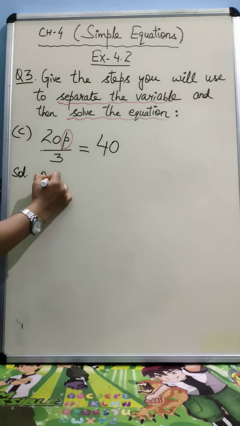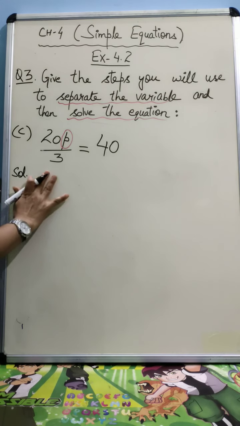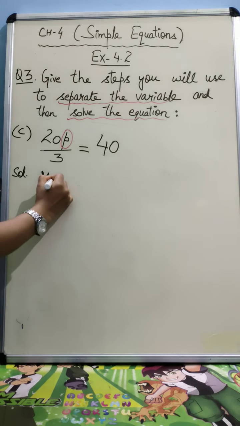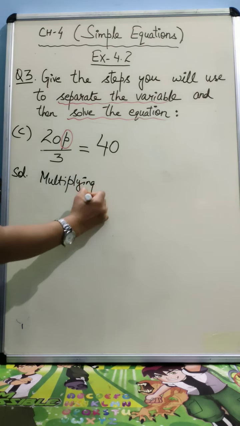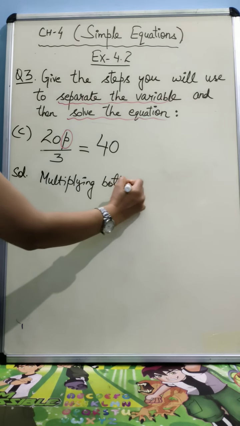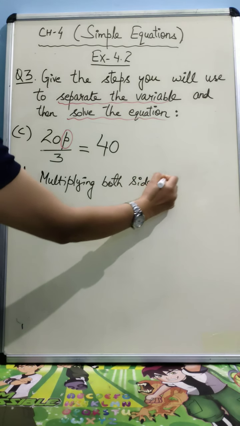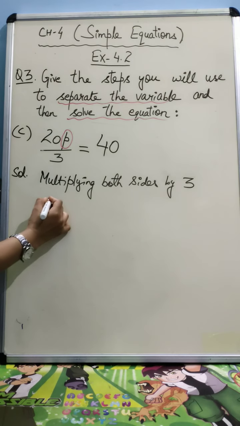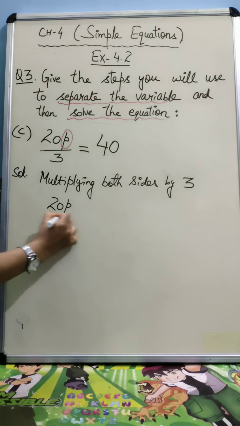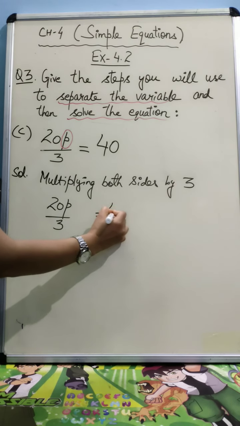So we will write multiplying both sides by 3. Okay. So the LHS is this and the RHS is this.